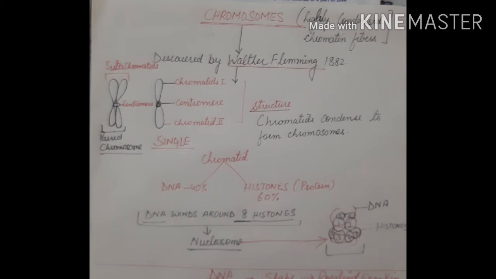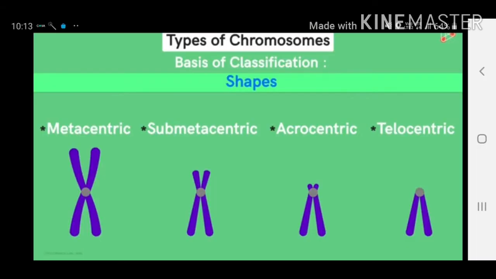Then come the different types of chromosomes. According to shape, they can be classified into metacentric, submetacentric, acrocentric and telocentric. In metacentric, the centromere is in the center, that is, both sister chromatids are equal. In submetacentric, the centromere shifts towards the upper side.